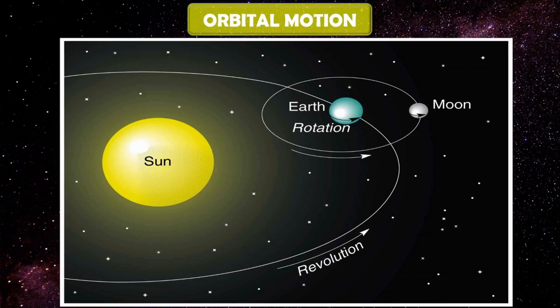The time it takes to make one revolution around the earth and one rotation around itself is the same. That is why we constantly see one and the same side of the moon.